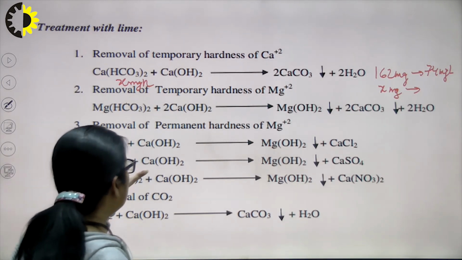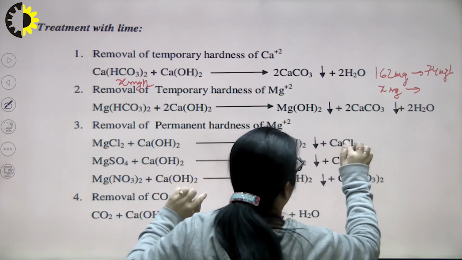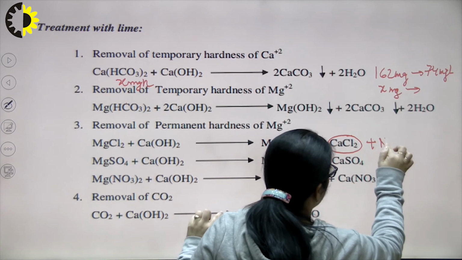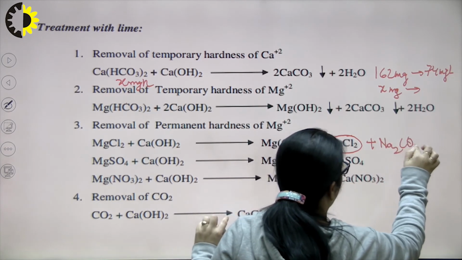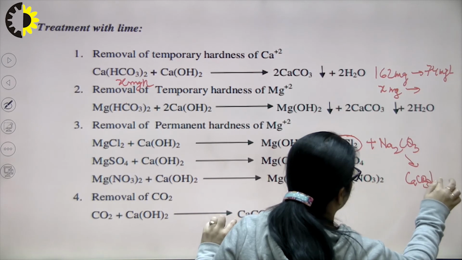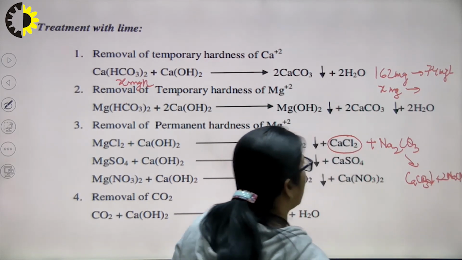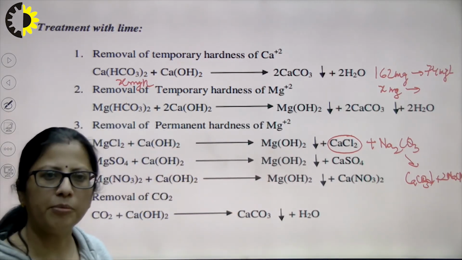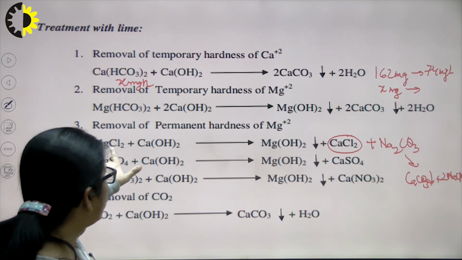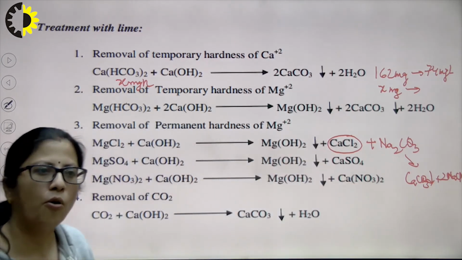Therefore, this magnesium chloride will require 1 lime, and because calcium chloride is formed, for its neutralization it will require 1 soda also, so that it can get converted into the precipitate of calcium carbonate and 2 NaCl is formed. So for magnesium chloride, we require lime also, and we require soda also.